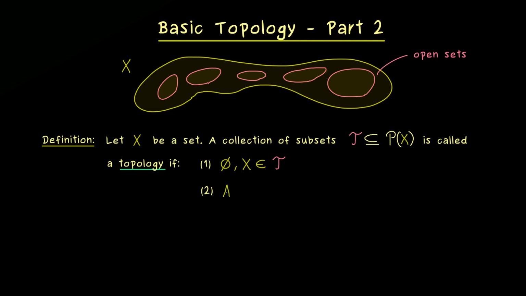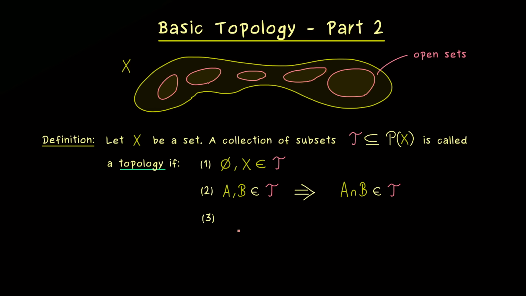We have these two subsets as an element in T. And now the second property is quite simple. Whenever you have two elements from T, then the intersection of these two subsets is also an element in T. And by just applying this property again and again, you can already remember that finitely many intersections stay in T.